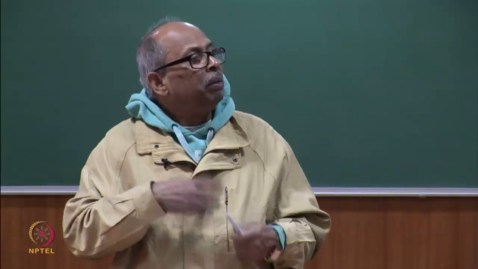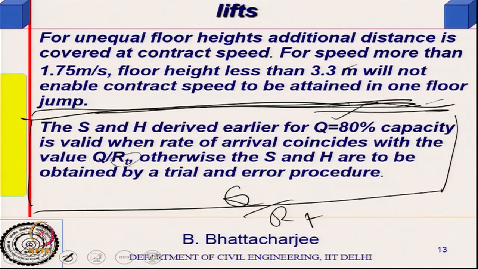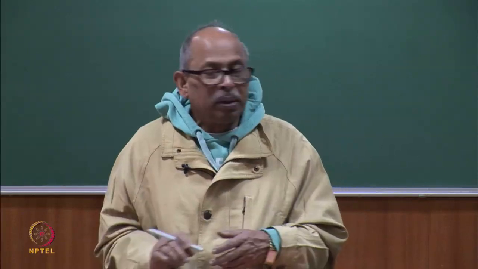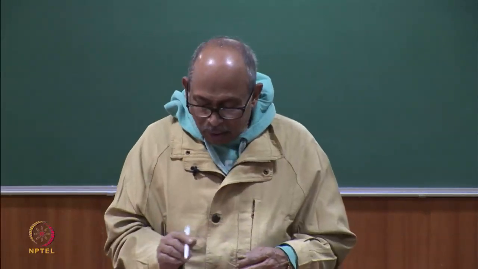People are coming, boarding and able to go. This is with respect to a single lift. If there are more lifts, then Q divided by the waiting interval must match the arrival rate. The arrival rate of people should match Q divided by waiting interval, because Q is the capacity, so during the waiting interval Q people must come. But this is not the case.